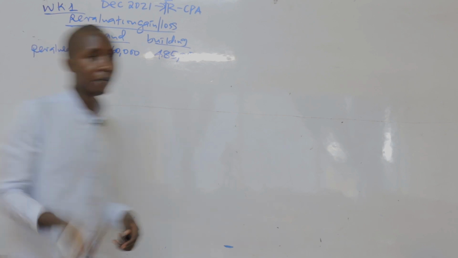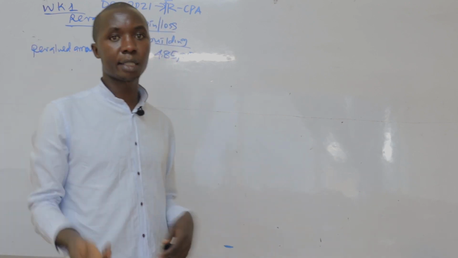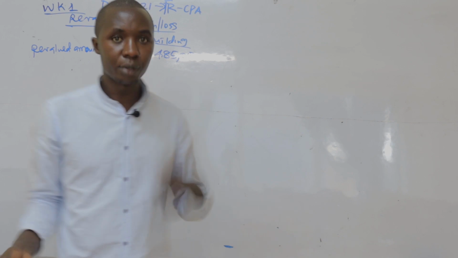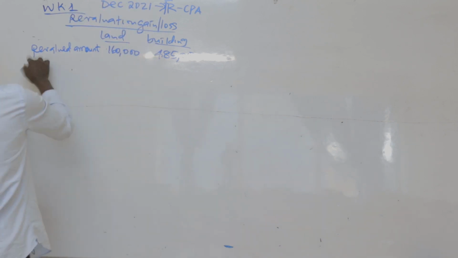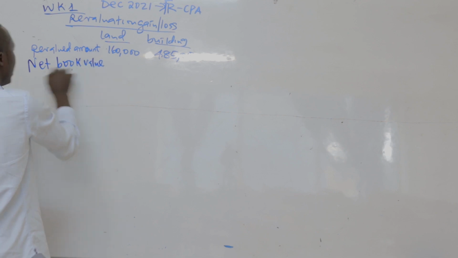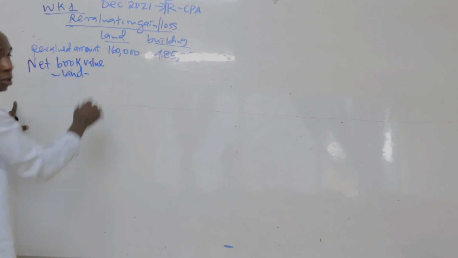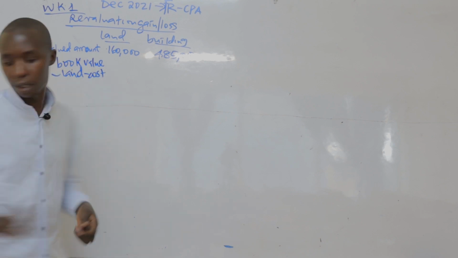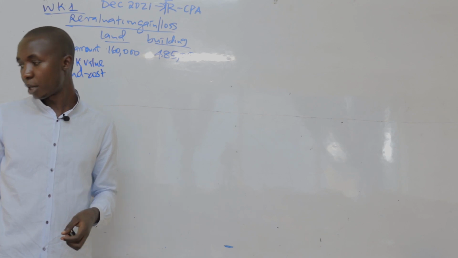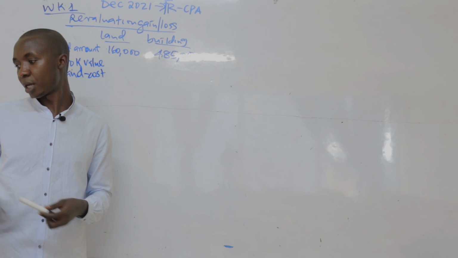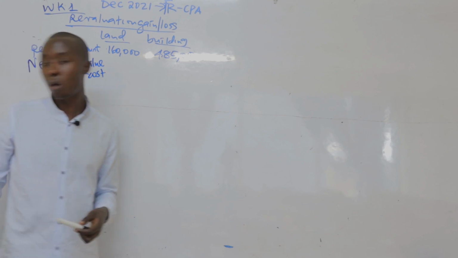To determine if there is a revaluation gain or a loss, you just compare what you were provided in the trial balance with this revalued amount. So we check the net book value. Remember that the land will be at cost. Checking in the trial balance, I can see somewhere we are provided with property at cost.